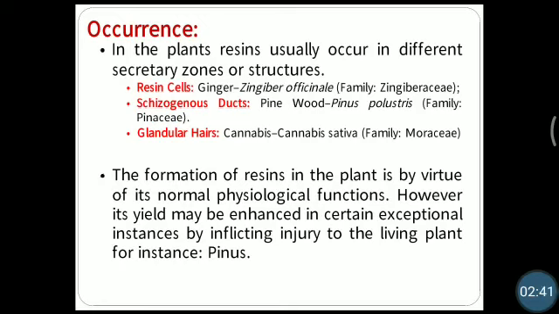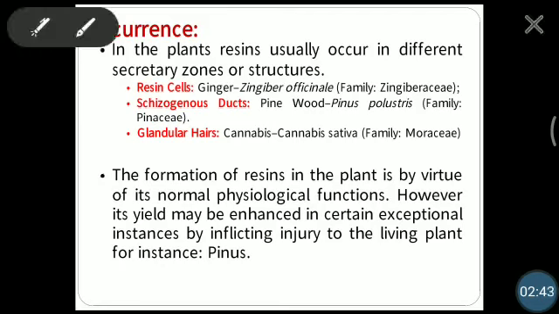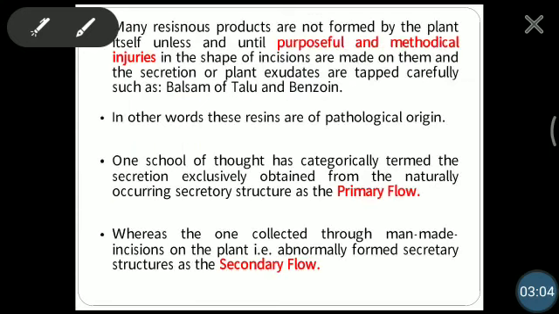The formation of resin in the plant is by virtue of its normal physiological functions. However, its yield may be enhanced in certain instances by inflicting injuries to the living plant, for instance in Pinus.